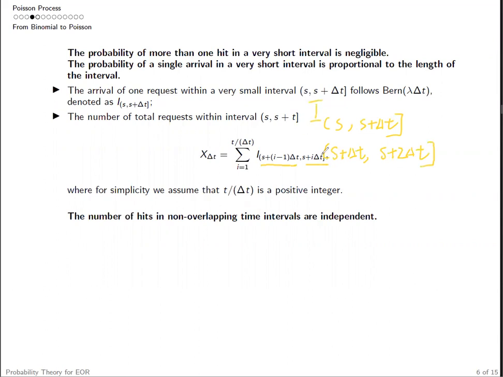This is the first interval, second interval, third indicator starts with s plus 2 delta t, and till 3 times delta t, okay? And we keep going, until s plus t.